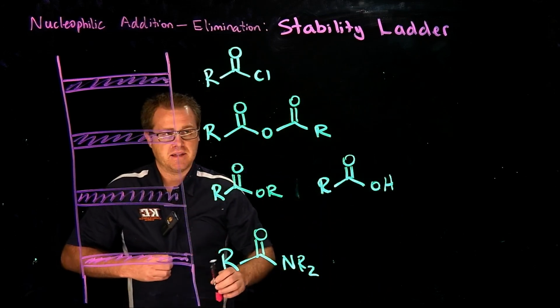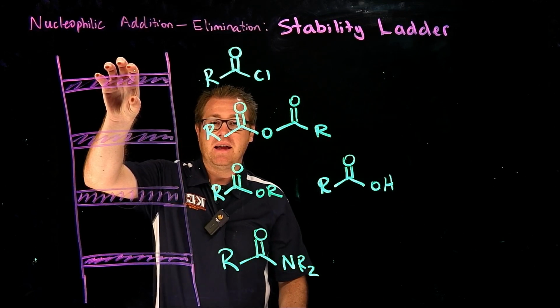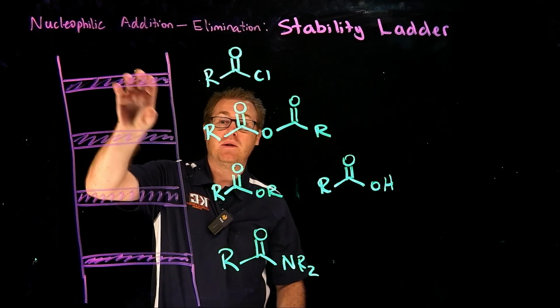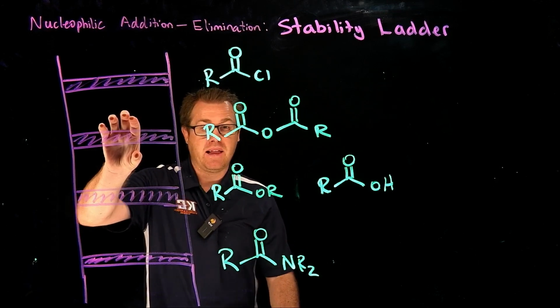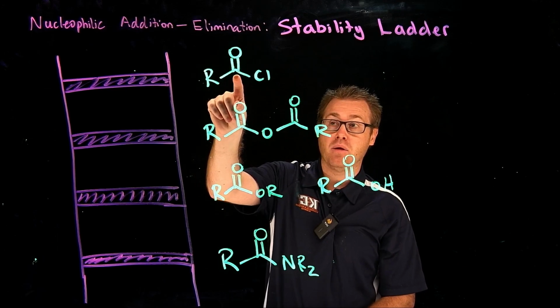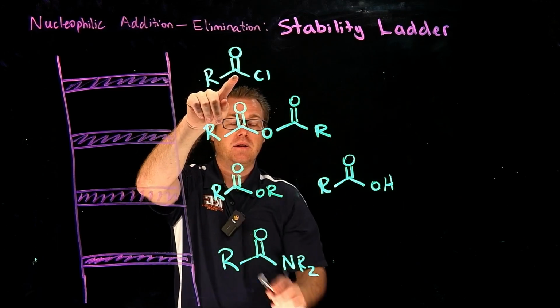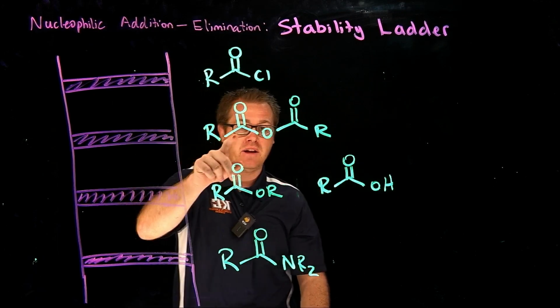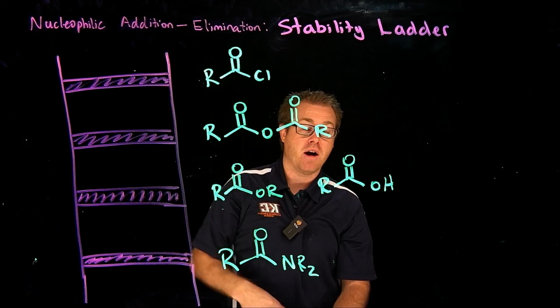And so what this analogy is saying is that if you're on a top rung, it's relatively easy to go down to the second rung. So we can convert acid chlorides into the groups that are below it, because they are lower on the ladder.